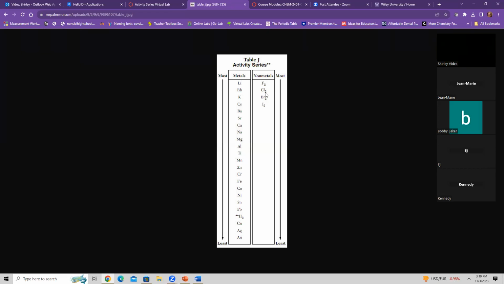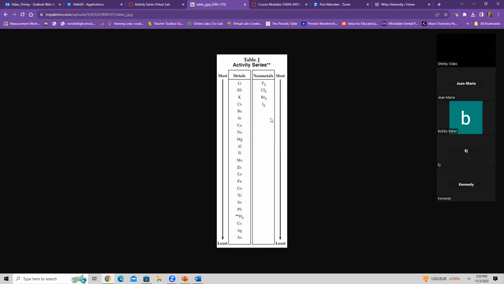Miss Venus, can you say that one more time? Okay, so if lithium is the lonely guy, it'll replace anything that is bonded that is below it. So anything below it, like rubidium, potassium, cesium, every single one.